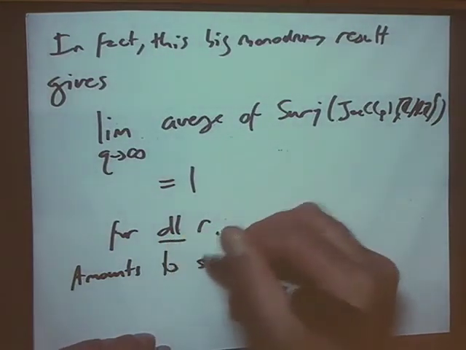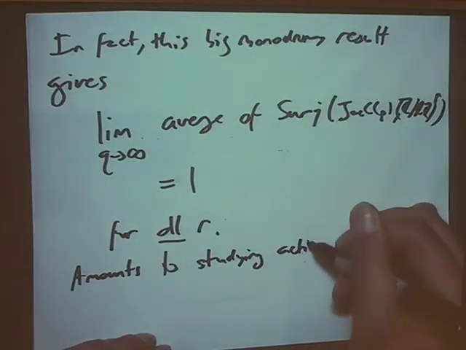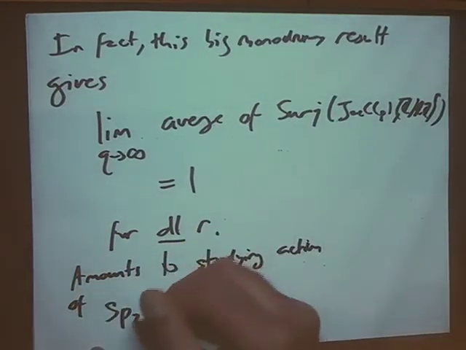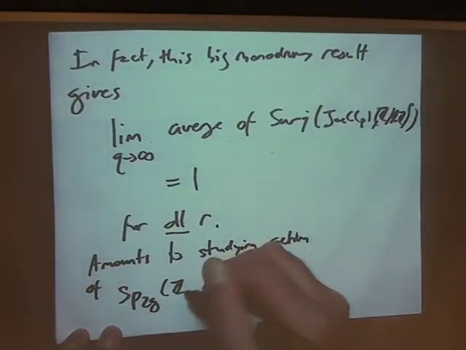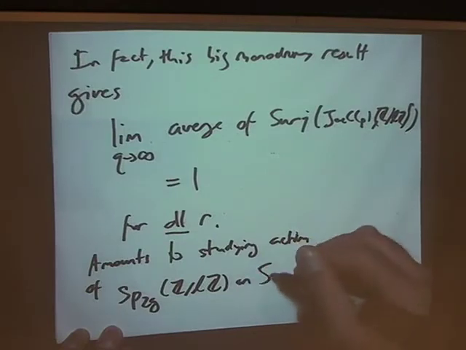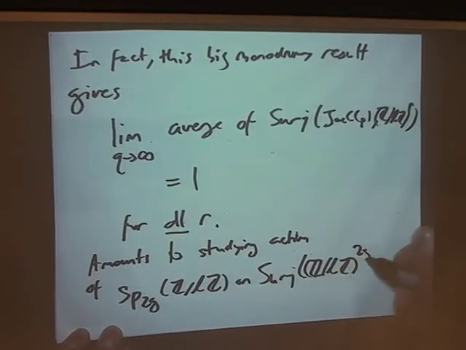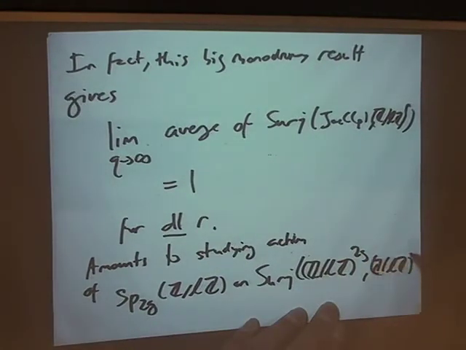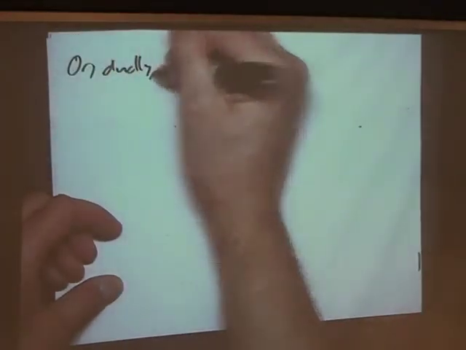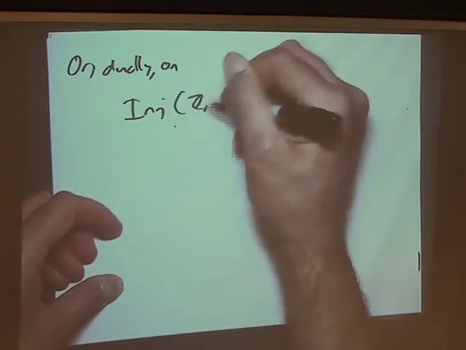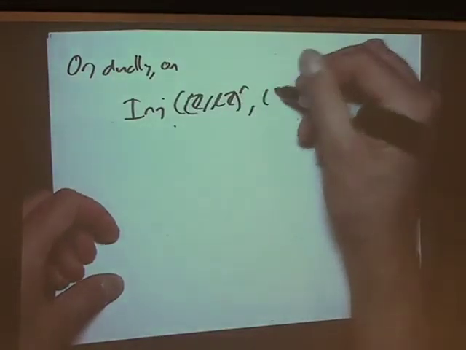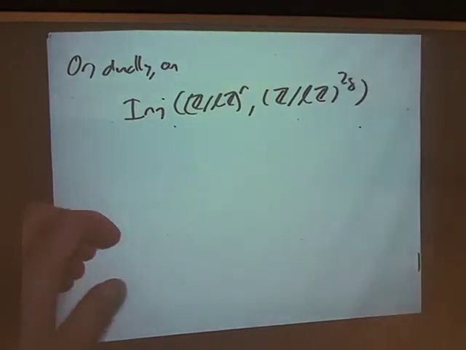So it amounts to studying the action of Sp_2g(Z mod LZ), the monodromy group, on the surjections from (Z mod LZ)^2g to (Z mod LZ)^r, or maybe dually on the injections from (Z mod LZ)^r to (Z mod LZ)^2g.